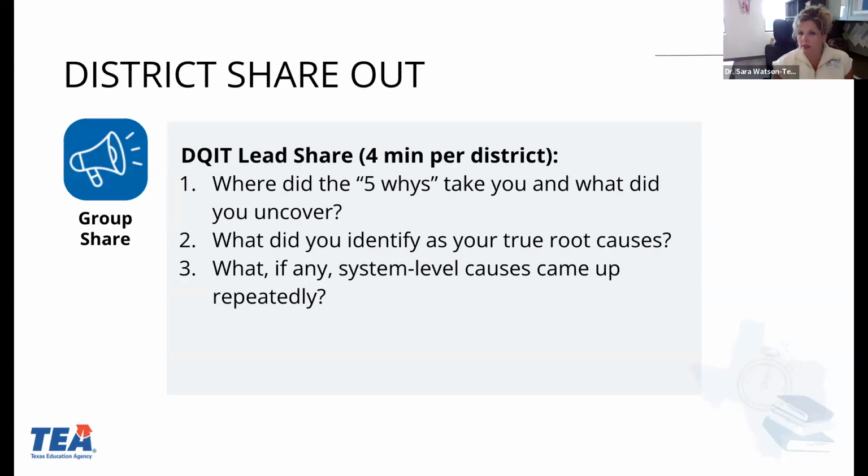I would agree with Dr. Tate that we had that discussion when we were going through the root cause analysis activity with the Temple team. I believe Barbara could probably speak better to this in the secondary world, but there were things we identified as needs at the secondary level that weren't needs at elementary.